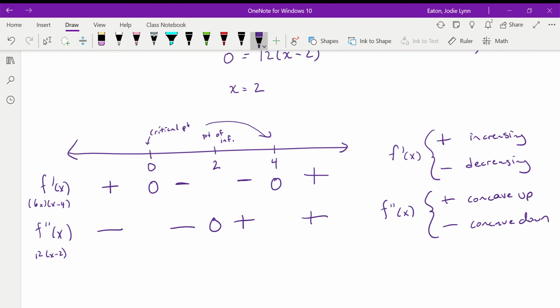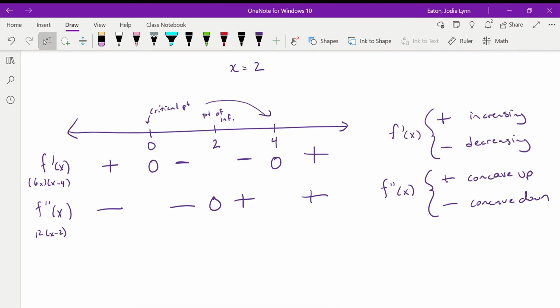Okay, so now we're going to interpret this in light of, we're going to look at these both together in order to draw our sketch of f of x. Okay, so this is what f of x is doing based on what's happening with the derivative and the second derivative.